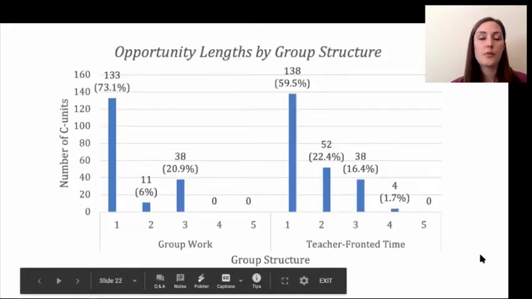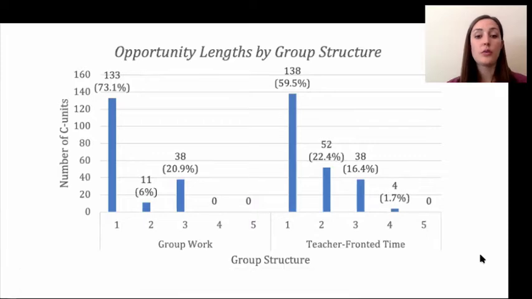So if we look at the types of opportunities that the teacher offered by group structure, so group work versus teacher-fronted time, we see that most of the opportunities given during both group work and teacher-fronted time were opportunities for 1-word responses.